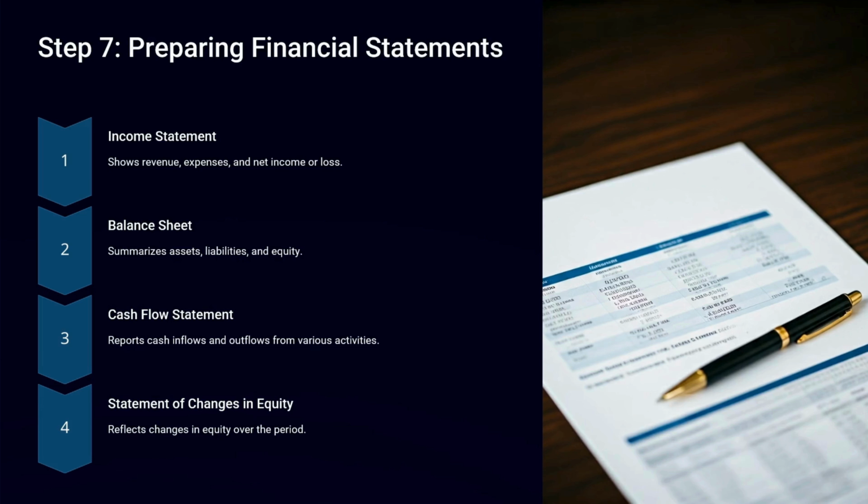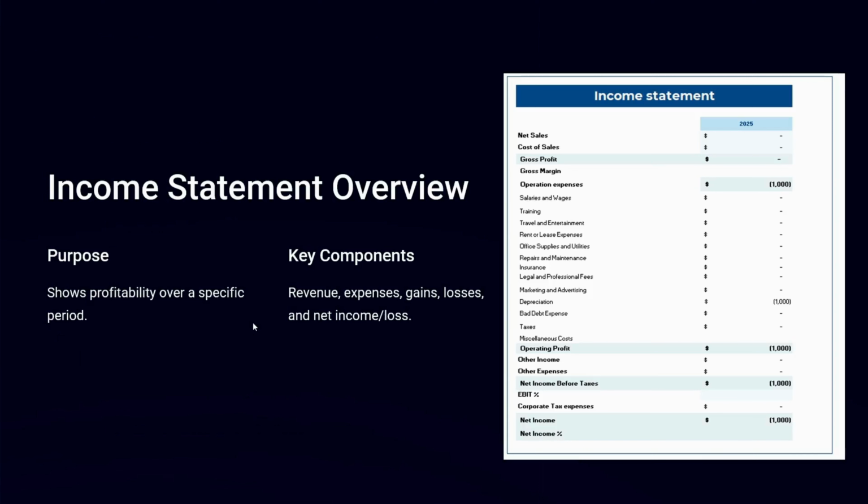The cash flow statement reports cash inflows and outflows for various activities. Then we also have the statement of changes in equity, which reflects changes in equity over the period. Each statement offers unique insights, helping stakeholders understand the business. Finally, we close the books to reset for the next cycle.